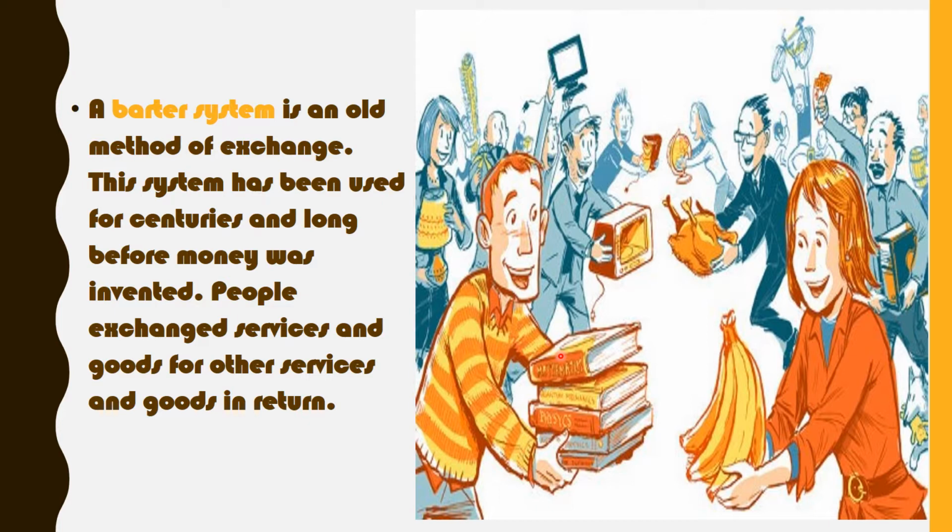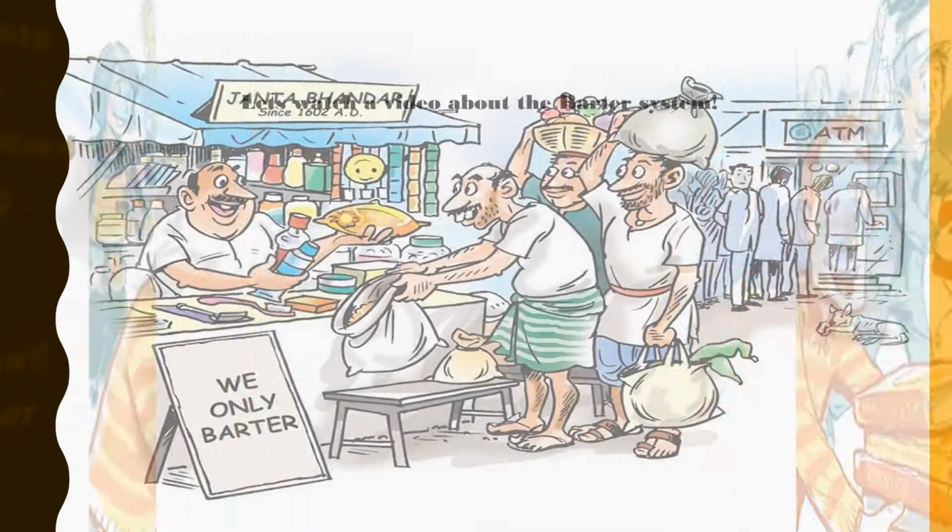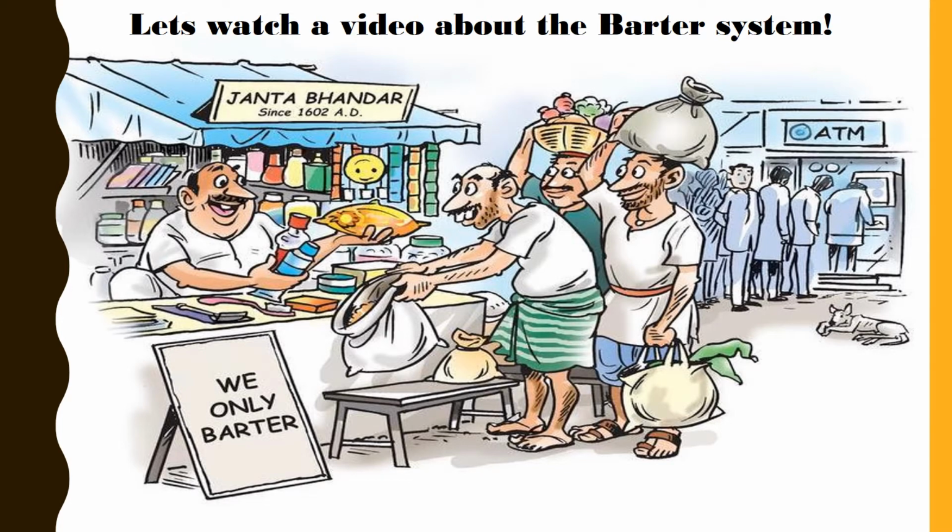This system of exchanging goods is known as barter system. So what is a barter system? It is an old method of exchanging goods or things and services. Clear? Okay kids, before getting into further details, let's watch a video about the barter system.